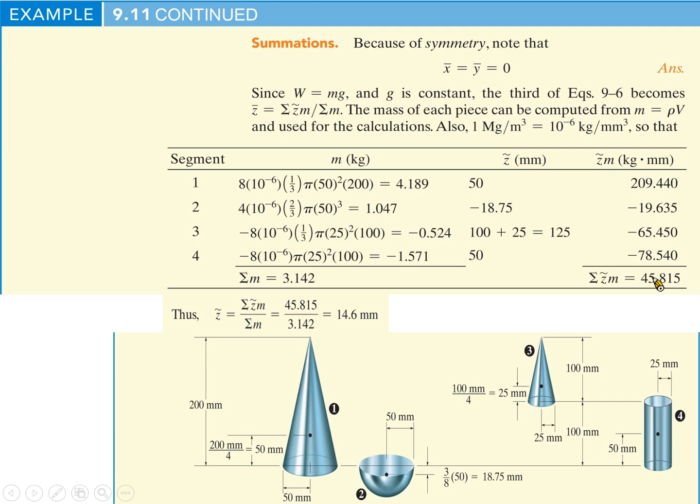Then the summation of them, the moment of mass, divided by the summation of mass, so we can work out the centroid for the z value, which is 14.6. So 14.6, roughly this point.